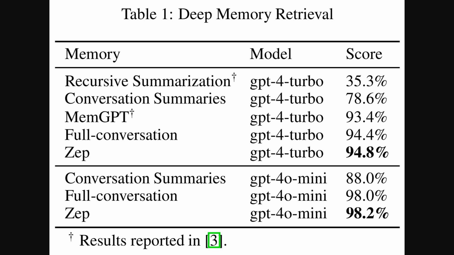You can see ZEP consistently gets the highest scores. With GPT-4 Turbo, ZEP hits 94.8% accuracy, just edging out MEM-GPT and the full conversation baseline. And with GPT-4o mini, ZEP reaches 98.2%, again slightly better than feeding the whole conversation in. So on this benchmark at least, ZEP really holds its own.